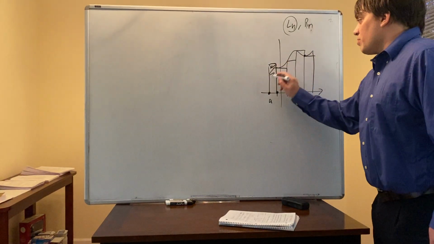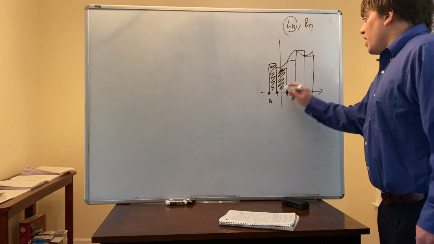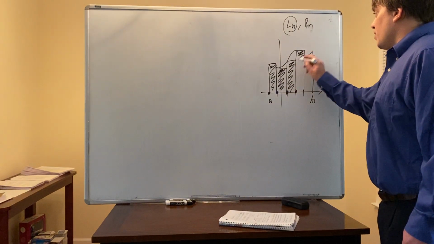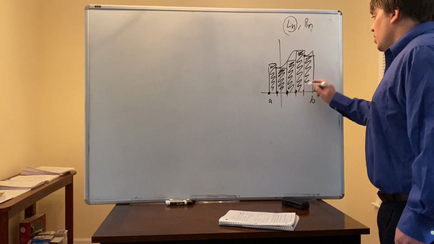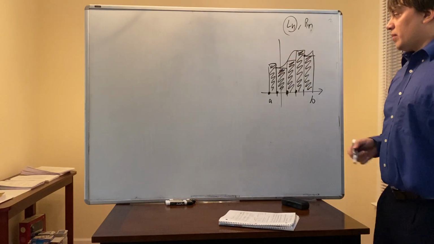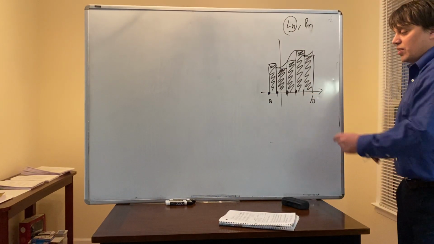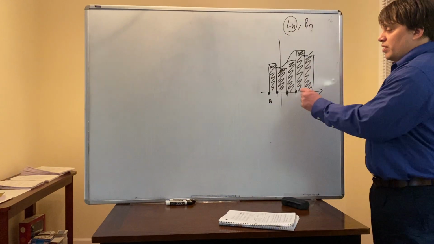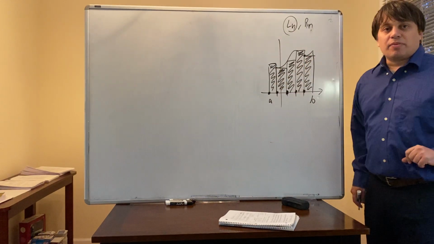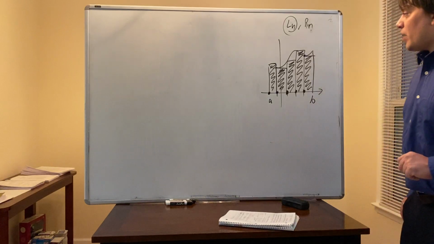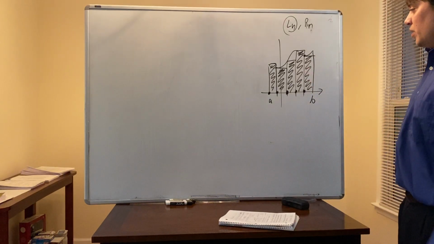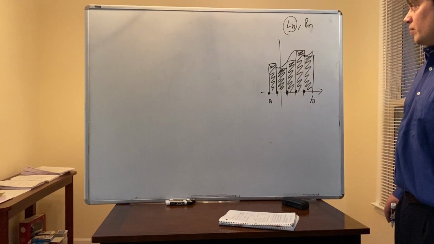These 5 approximating rectangles, the sum of the areas of those 5 approximating rectangles, would be the value of L sub n, because we use the left endpoints of each equally sized subinterval to find the heights of those approximating rectangles. So L sub n is the area of the sum of those 5 rectangles.